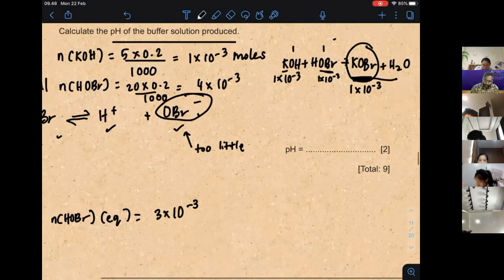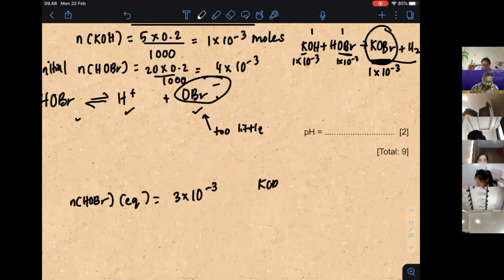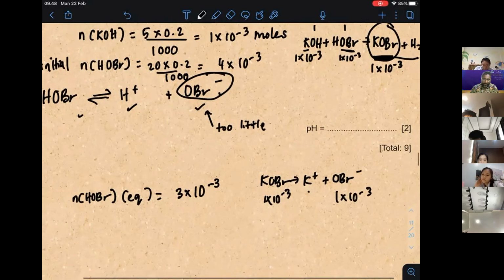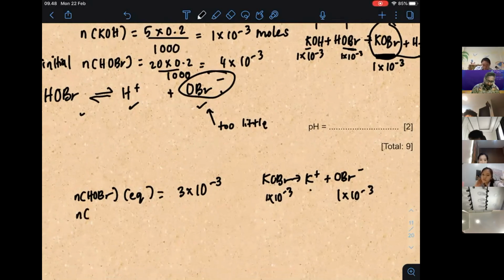KOBr is supposed to give you K plus and OBr minus. So if you have 1 times 10 to the -3 completely dissociating, it gives you 1 times 10 to the -3 of OBr minus. So the number of moles of OBr minus at equilibrium will be the same, 1 times 10 to the -3. We are not including this.